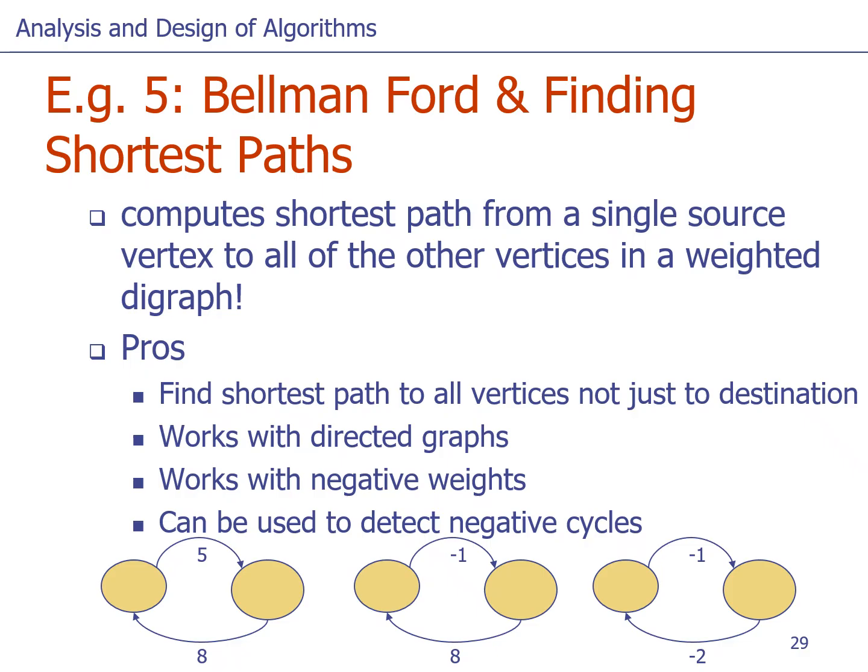So here are the pros of Bellman-Ford. As I mentioned, it will find, starting from a specific vertex, the shortest paths to all vertices in the graph. Why would this be interesting? It has many applications.